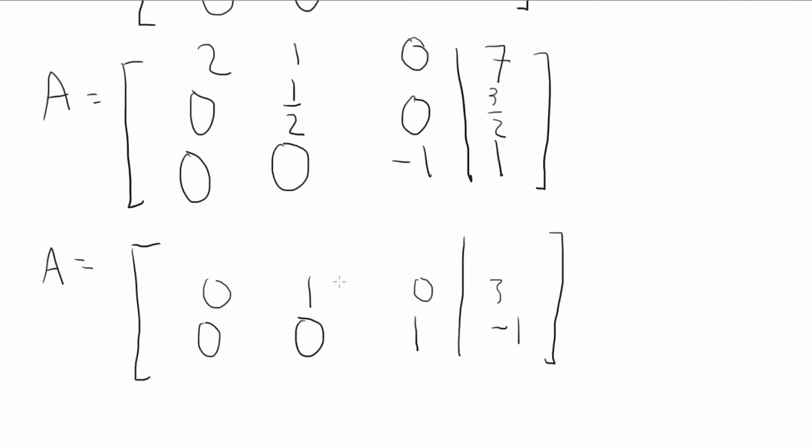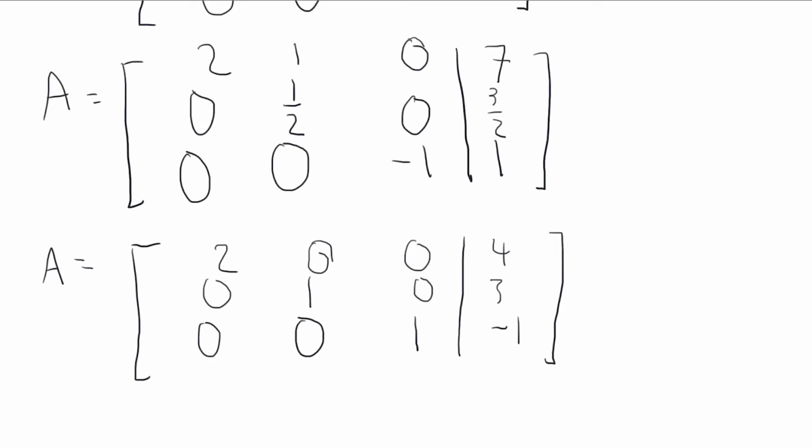Now, using what we have from line 2, we can get rid of this value right here in line 1. So if we subtract, we get 2, 0, 0, 7 minus 3, that is 4.